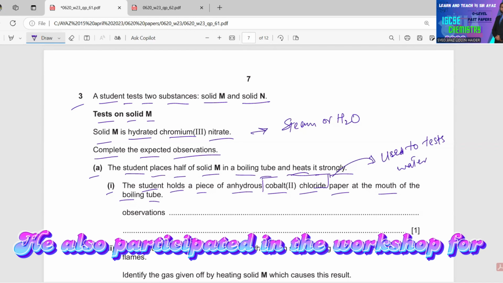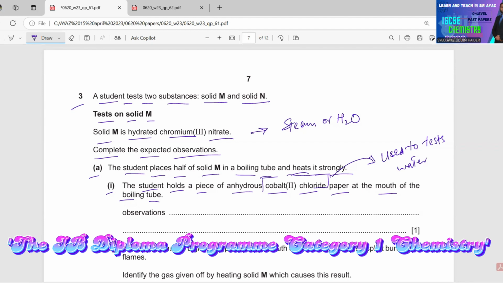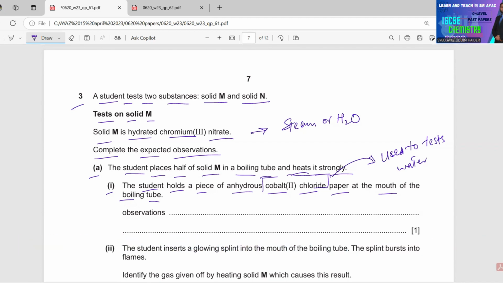So initially its color is blue. It will definitely turn to pink because it's anhydrous. It becomes hydrated when water is added. Water becomes part of this salt, cobalt 2 chloride. So you write from blue to pink.